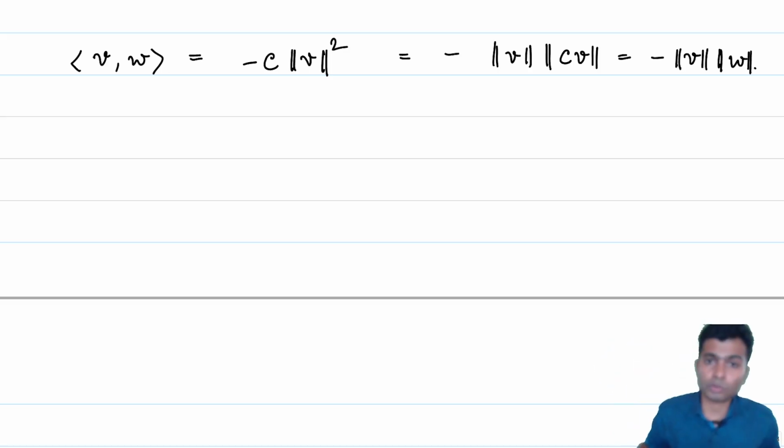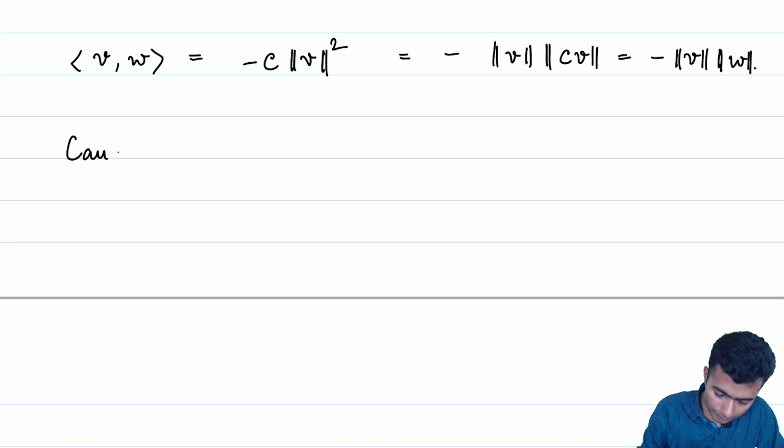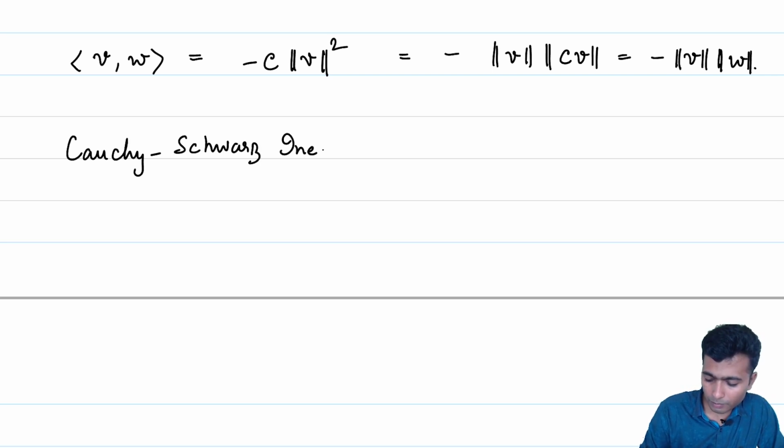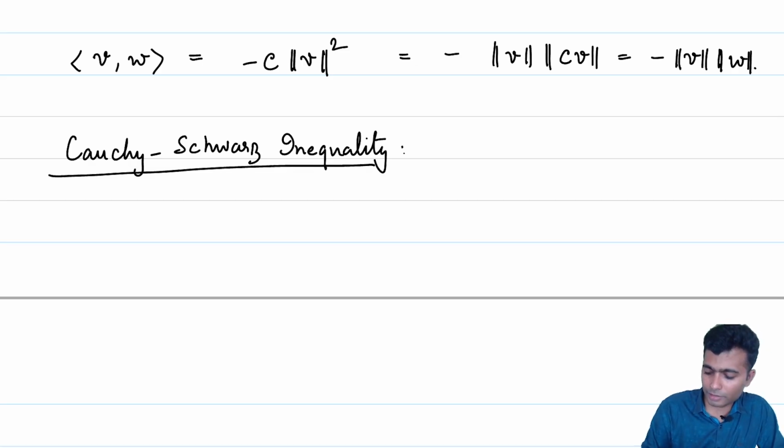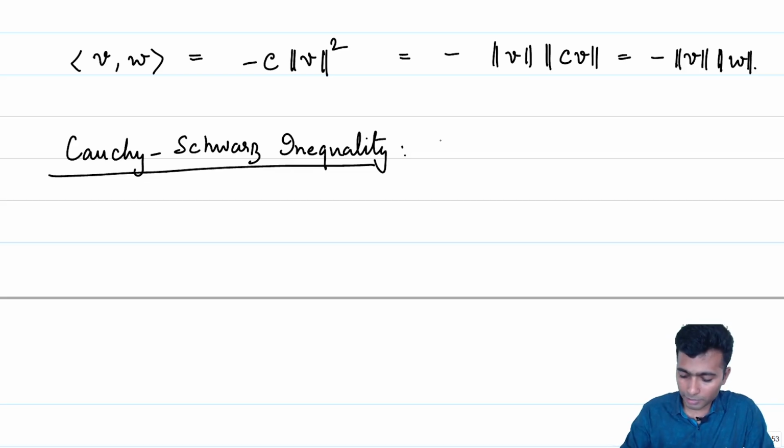So this is what is very famously called the Cauchy-Schwarz inequality. So it's a very celebrated result in mathematics.